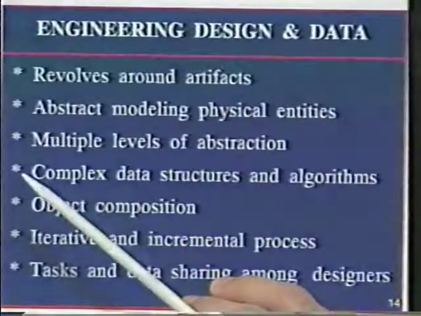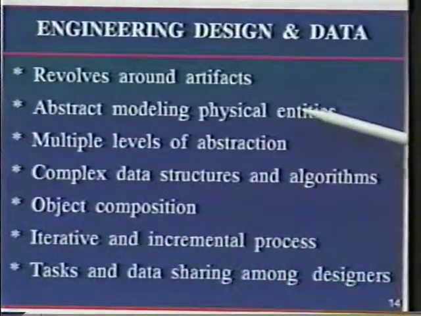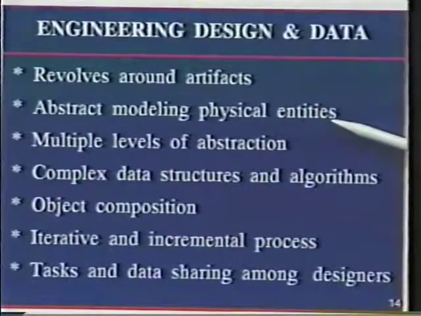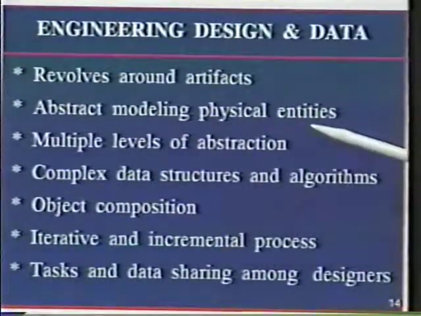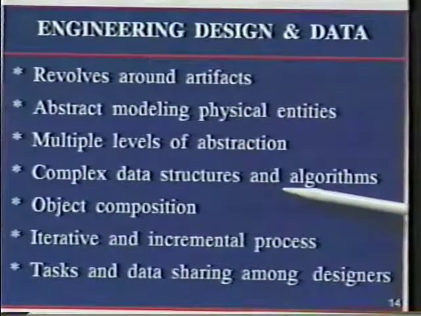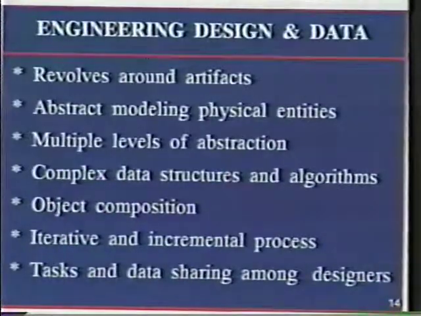And in engineering, we model at various levels of abstraction, especially when we talk about a building. At one level, we talk about just the building as such. At another level, we talk about the 2D lateral load resisting system. At another level, we talk about a 3D lateral load resisting system. And each one of them has some geometric configuration associated with it. Engineering involves complex data structures, complex relationships between various objects.